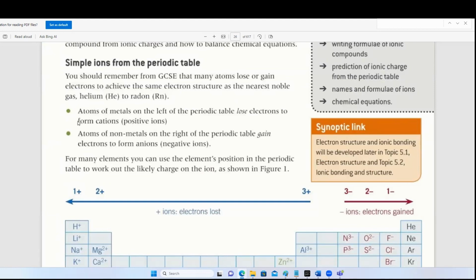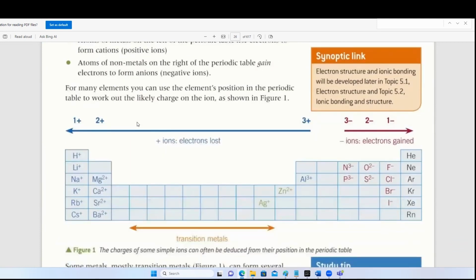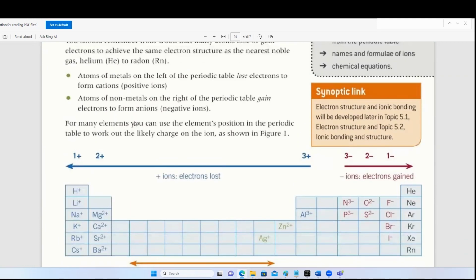just like noble gases. Atoms of metals on the left of the periodic table lose electrons to form cations, positive ions. You already know that. So all of the metals lose electrons to form cations, which are positive ions, to have the electrons of one of the noble gases. Atoms of non-metals on the right of the periodic table gain electrons to form anions.